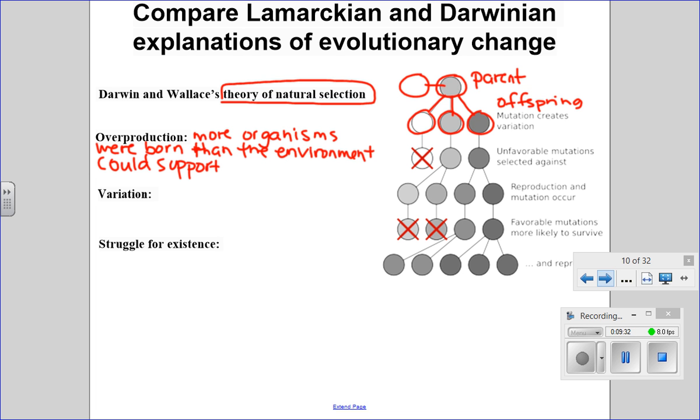So the second point that Darwin put as part of his theory was that there were variations. There were differences among the offspring. Now we know some reasons that offspring might not look the same as parents.